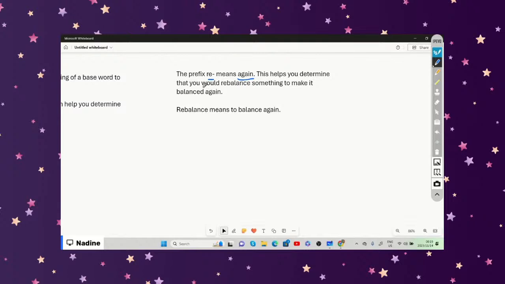So this is, of course, another prefix, and we say that a prefix you add at the beginning of a word. So our prefix is re, and re means again.